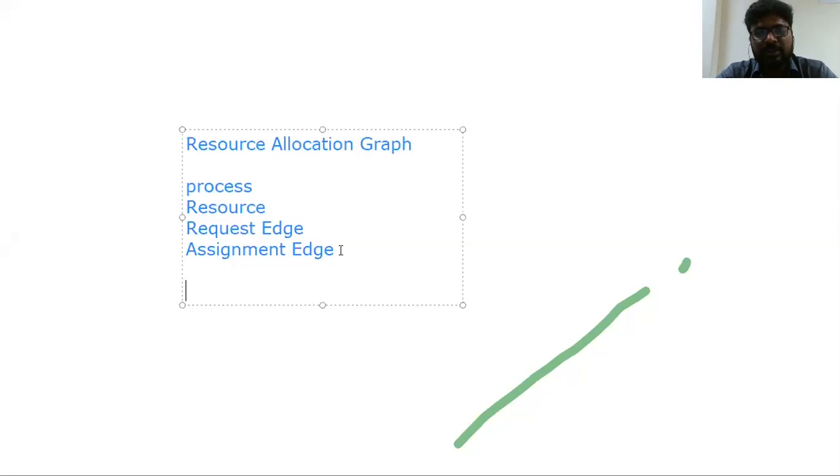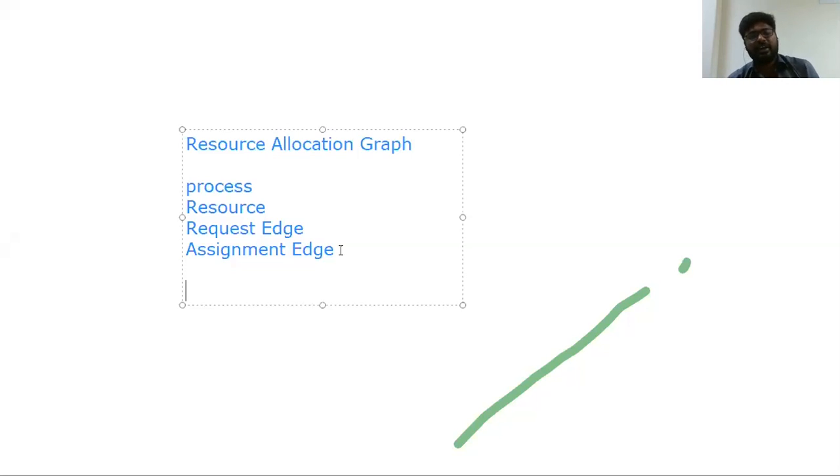We have to have a camera, right? It is an IO device, the webcam. Then an Internet connection. Apart from the webcam, we need RAM and hard disk space to record the video. Then other resources: an audio device, a headphone. So these are all the resources I need for this Zoom process.